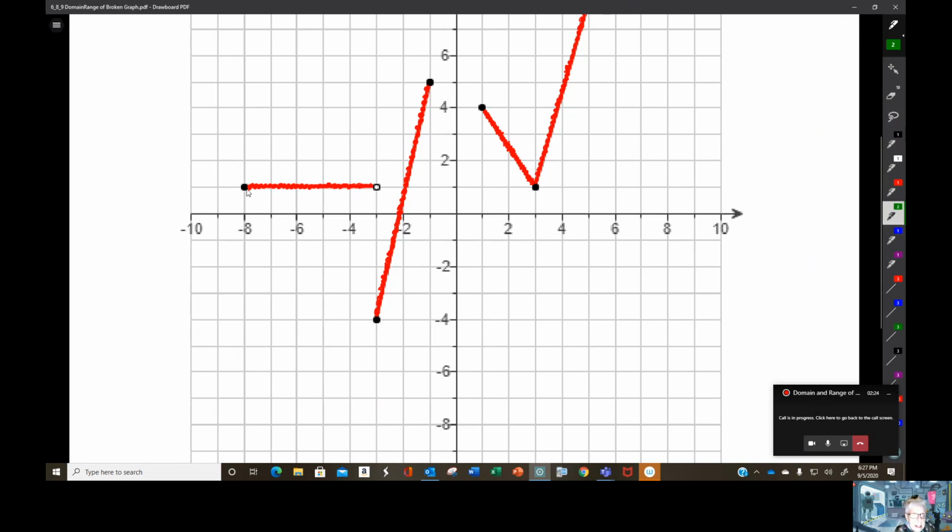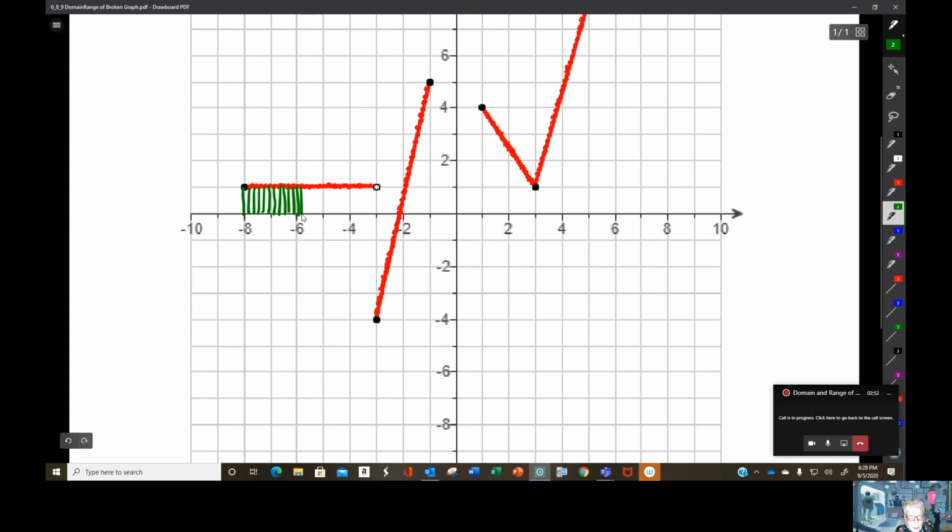Okay. Each of these points has an X and a Y coordinate. The X coordinate matches up with an X coordinate on the X axis. So it'll take a long time for each of those points to match up, but you probably get the idea.